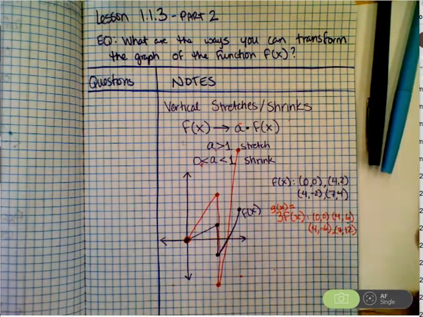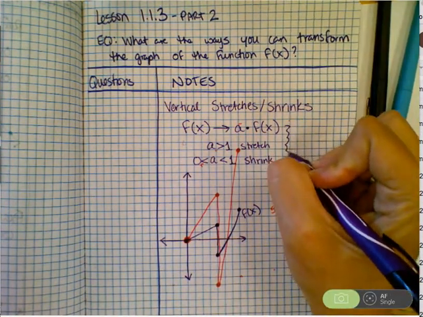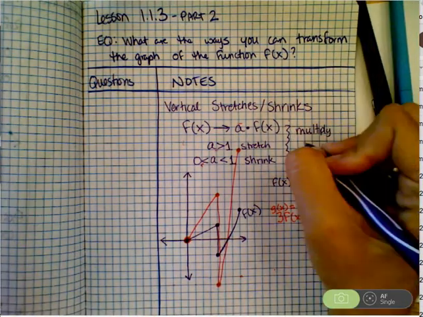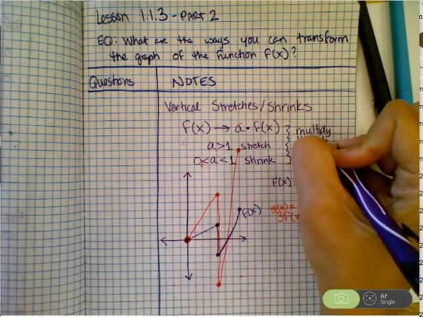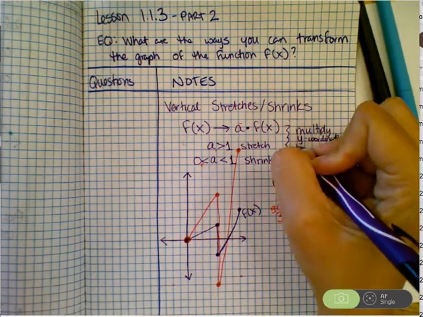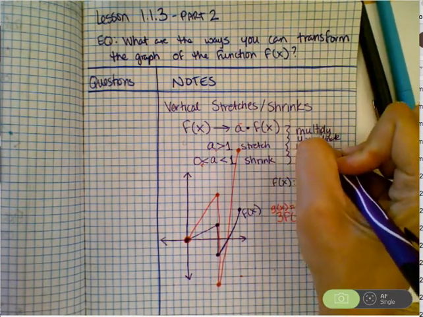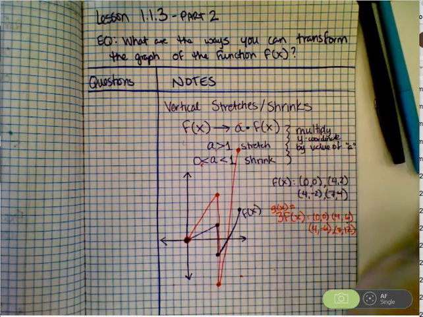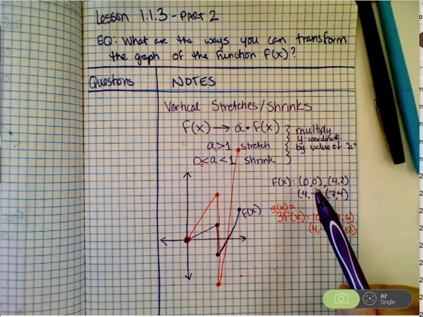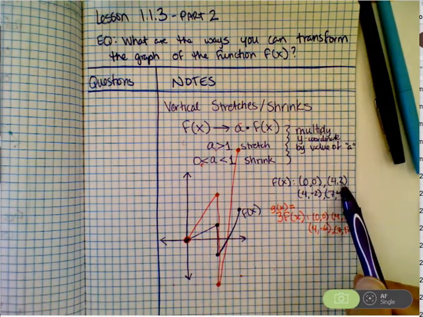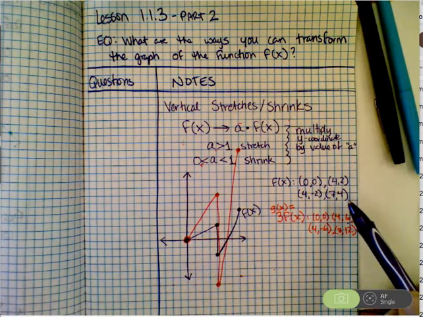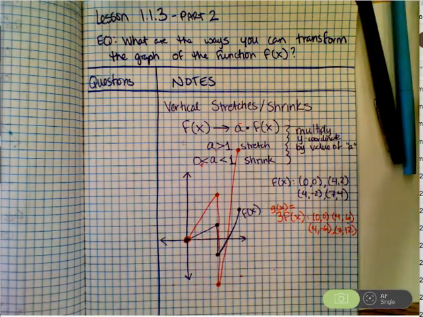So each time, what you're doing in all of this is you're multiplying the y coordinate by the value of a. So 0 times 3 is 0, 2 times 3 is 6, -2 times 3 is -6, 4 times 3 is 12.